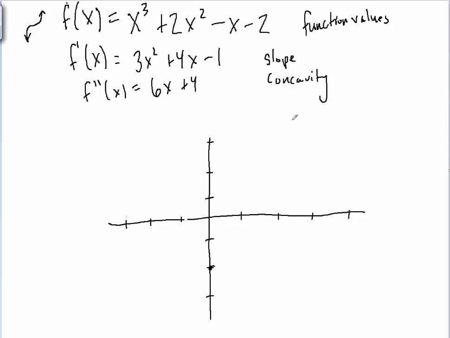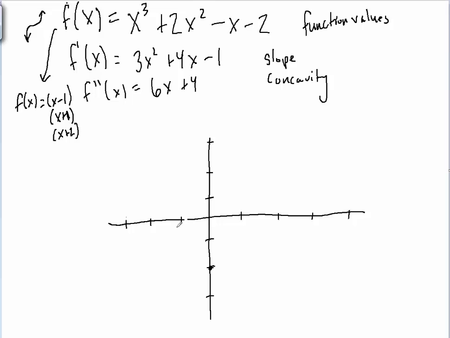If we factor this function, we get 3 factors: x minus 1, x plus 1, x minus 2. Excuse me, x minus 1, x plus 1, x plus 2.